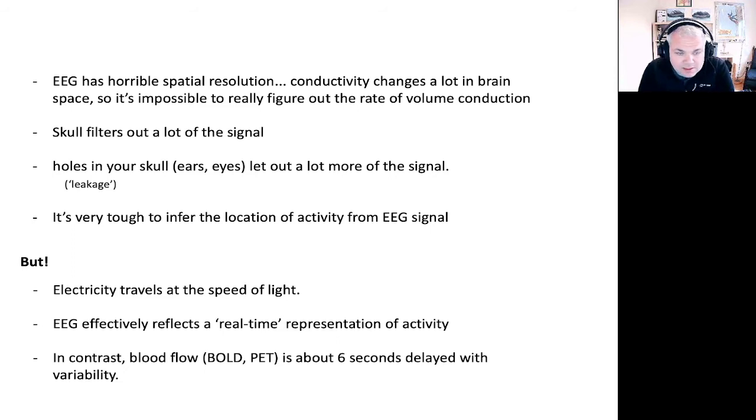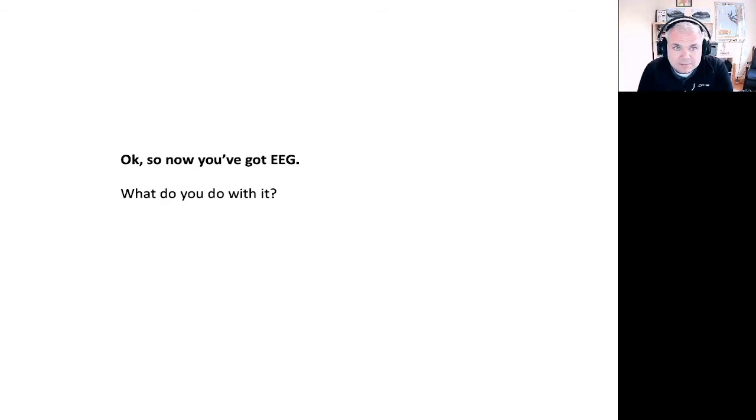It's about 6 seconds delayed, and there's also variability in that delay. So it's very, very difficult to infer from blood flow based neuroimaging when brain activity occurs. So EEG gives you exactly when brain activity occurs, whereas these blood flow based methodologies tell you more about exactly where in the brain space the activity is, but they really don't tell you anything about the temporal pattern with that data.